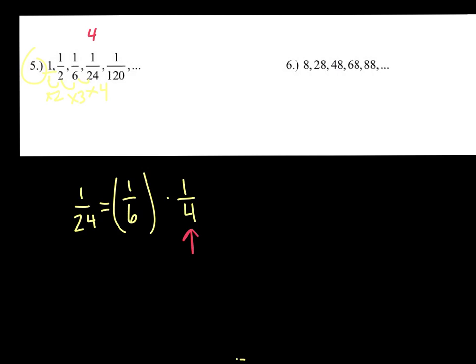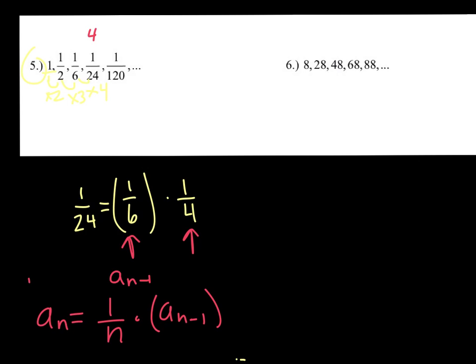So there's my n, and here's my term right before it. So 4 is the term number, so 1 over the term number that we're trying to find times whatever that term was right before. And remember, the term is the term value. So 1/6 was the term value right before that.